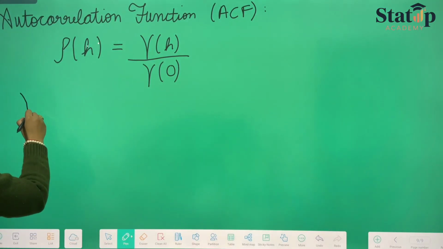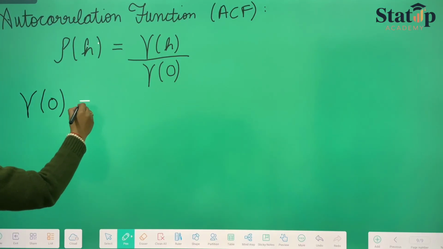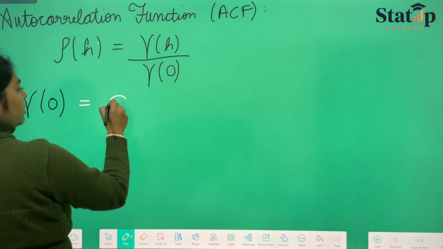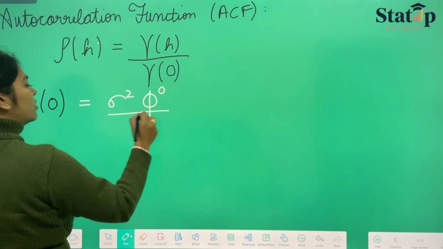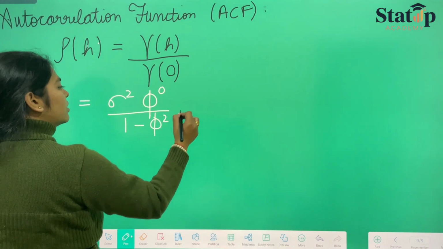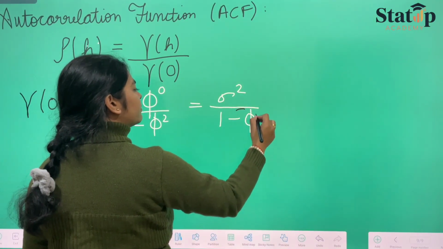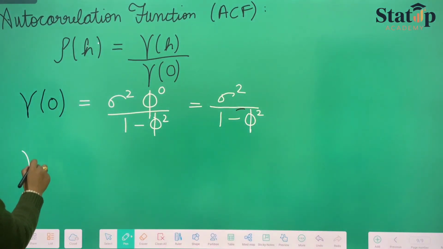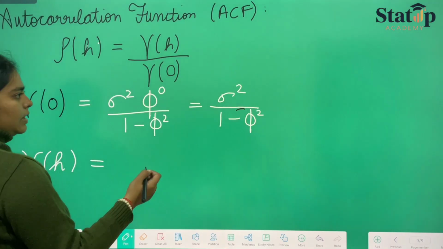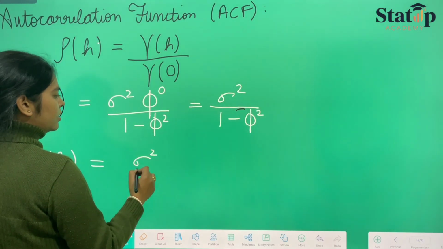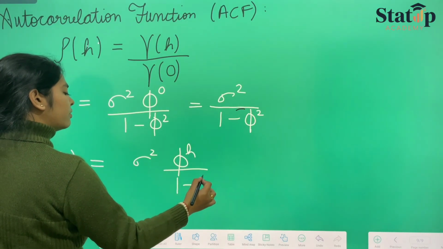Putting the value of lag as 0 in the earlier equation, we get sigma squared phi^0 upon 1 minus phi squared, which is nothing but sigma squared upon 1 minus phi squared. And the autocovariance with lag h is sigma squared phi^h upon 1 minus phi squared.